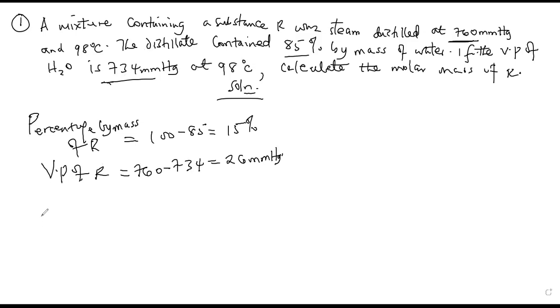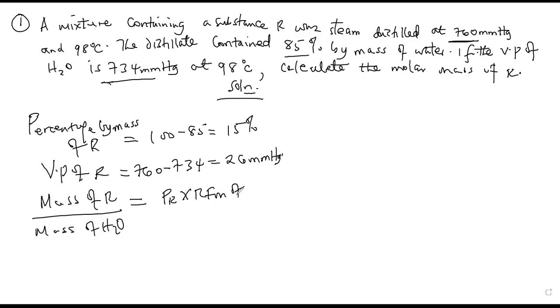Now I substitute in the formula mass of R. It will be mass of R, the compound, over mass of water, is going to be equal to pressure of R times RFM of R over pressure of water times relative formula mass of water.